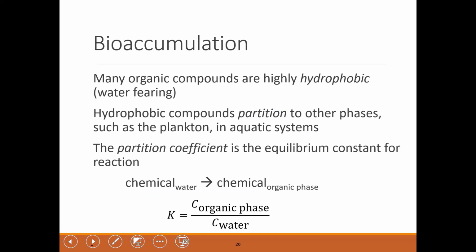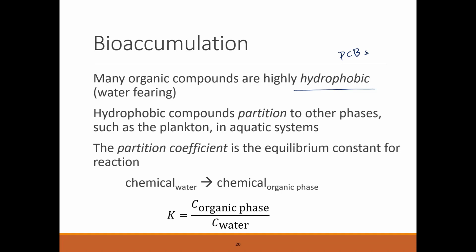The last thing that we'll look at today are partition coefficients, and this really pertains to bioaccumulation. Many organic chemicals are highly hydrophobic, hydro meaning water, phobic meaning fearing water, so they don't want to be in water. Those chemicals will typically partition to other phases, for instance in the cells, in the fatty tissue. This is the case with a group of chemicals known as PCBs, polychlorinated biphenyls.